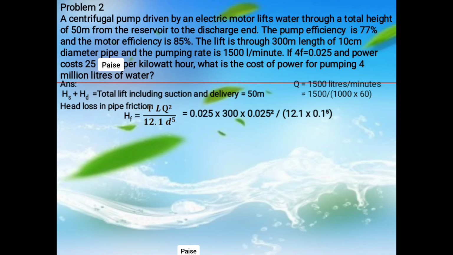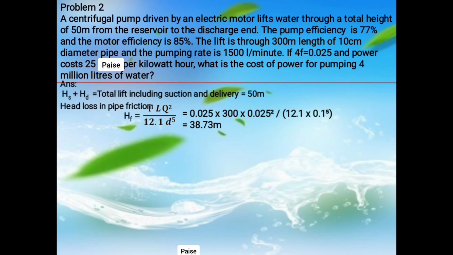Then Q equal to 1500 divided by 1000 into 60. Then the answer is 0.025 meter cube per second or Qmax. Then HF equal to 0.025 into 300 into 0.025 square divided by 12.1 into D raised to 5.